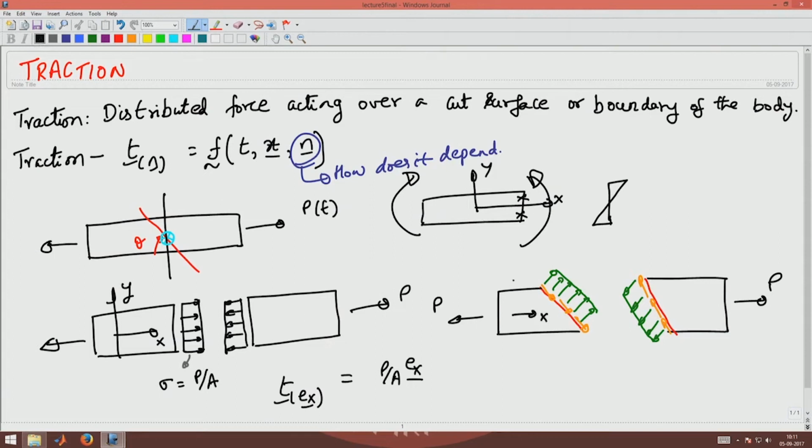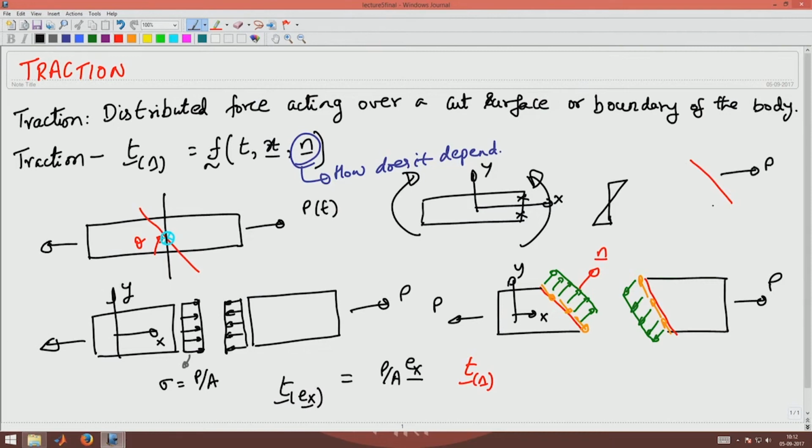Now let us find what those tractions are in terms of the x and y coordinate system itself. Let us say this one is n, and I want to find T of n. I have to resolve this force along n, perpendicular to the plane of cut, and parallel to the plane of cut.